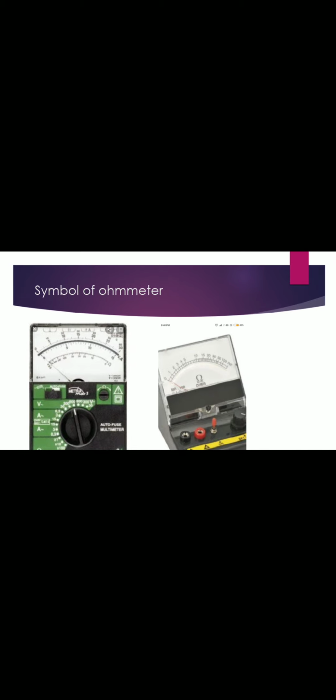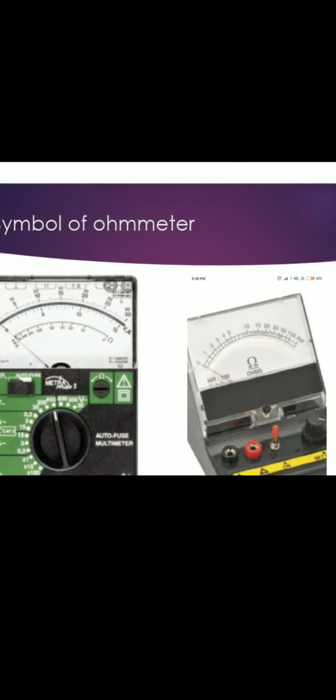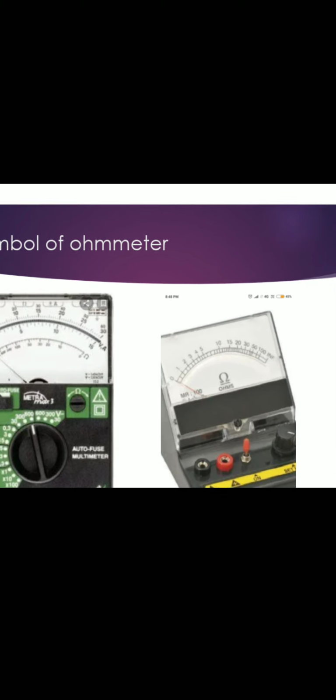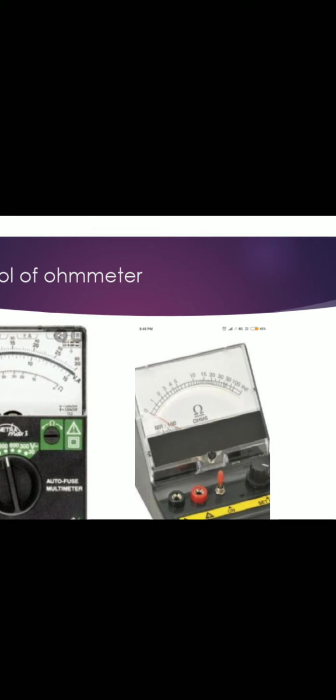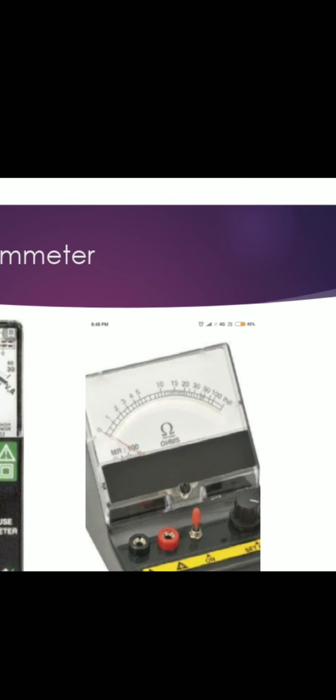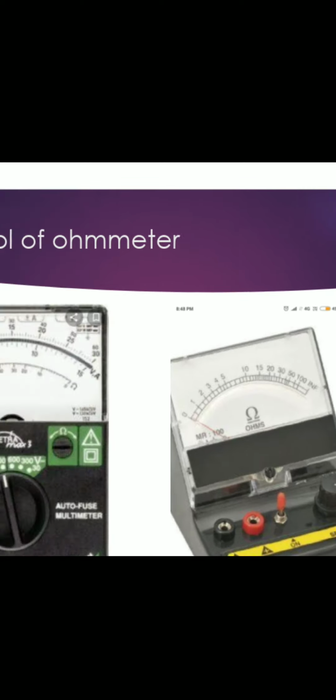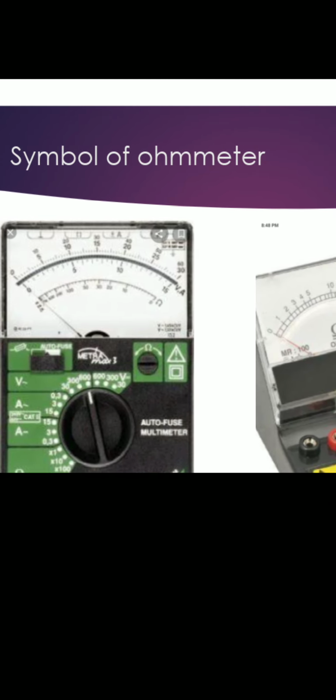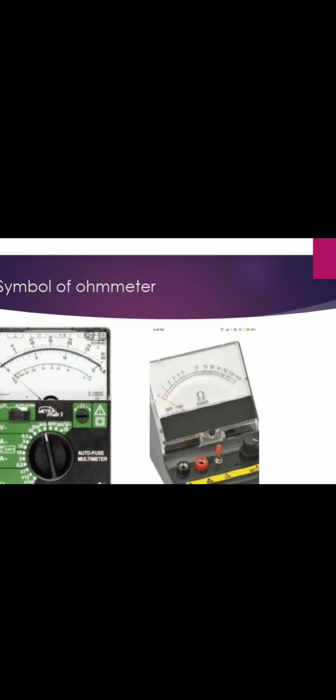In day-to-day life, whenever you come across this device, you will understand that this is a typical example of an ohm meter, and it's used to measure the resistance of any substance. On the screen you'll be analyzing the devices. This device is simply the symbol of an ohm meter.